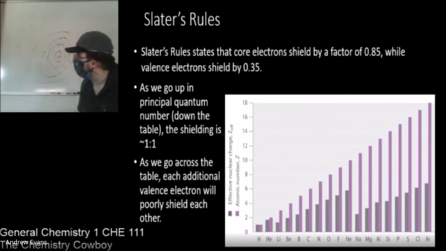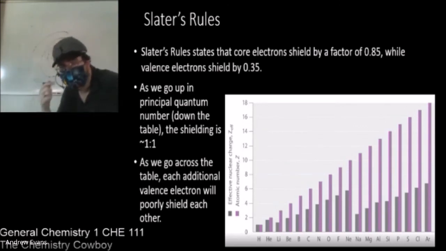The dark bluish bar is the effective nuclear charge. So what happens? See, it goes up, drops. Goes up, drops. Up, and you could predict it's going to drop again.